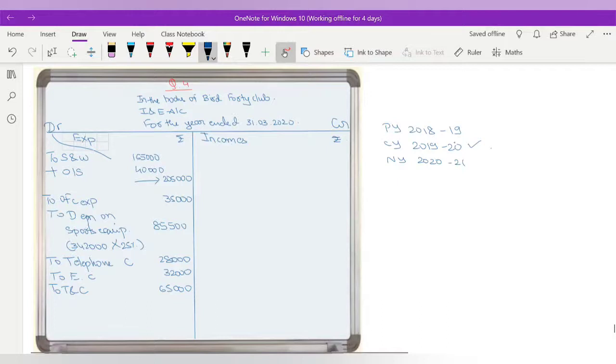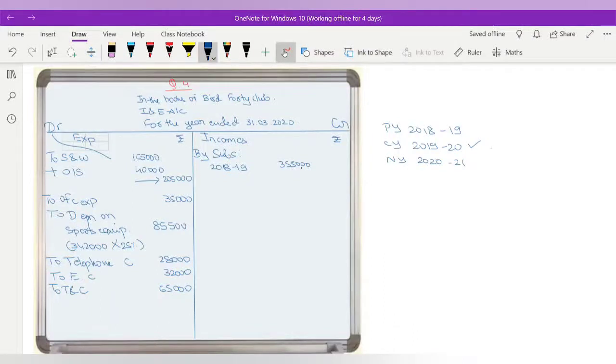This is my current year. See, current year subscription 19-20 received is how much? 3,55,000. So, by subscriptions, okay, for the year 2018-19, it is how much? 3,55,000. See the adjustment for this item. Outstanding subscription for the year ended 31st March 2020.